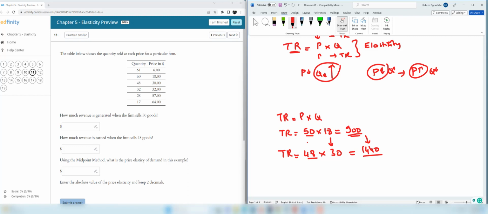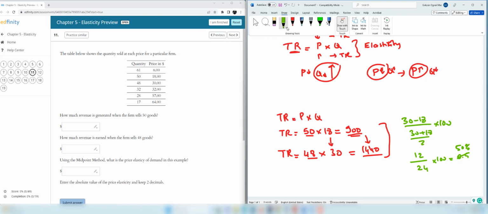And now let's calculate the price elasticity of demand, and we will find out that this product is actually inelastic using the midpoint formula. So remember the midpoint formula. We need first change in prices, 30 minus 18 divided by (30 plus 18) over 2 times 100. And that's equal to, this is 12, this is 24, times 100 is around 0.5 or 50%, because you're multiplying by 100, 50%.